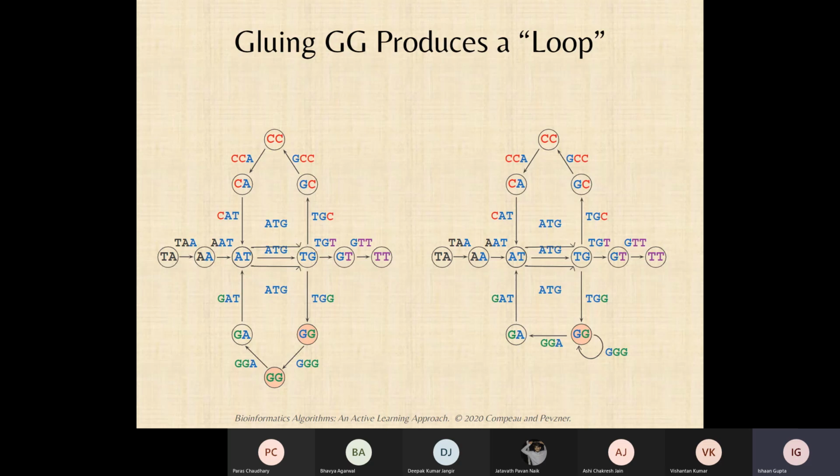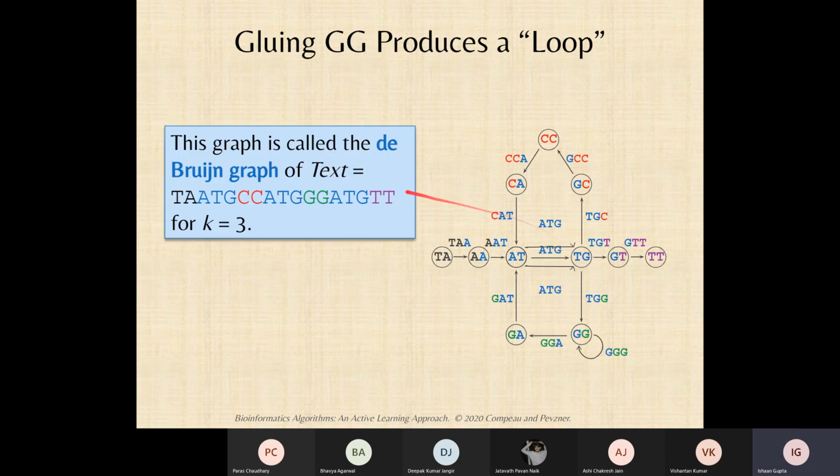All right, is this clear to everybody so far? So I'll go on. So this particular graph is called the De Bruijn graph for the same text that we did.